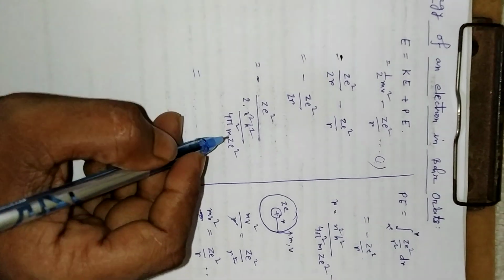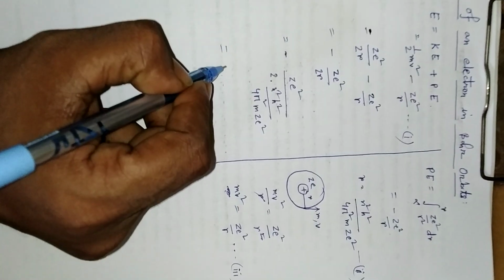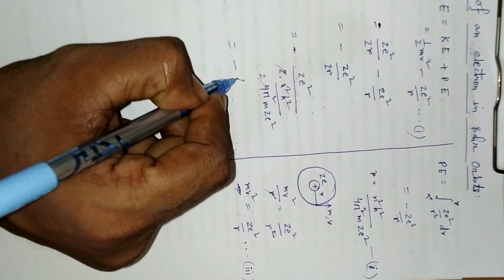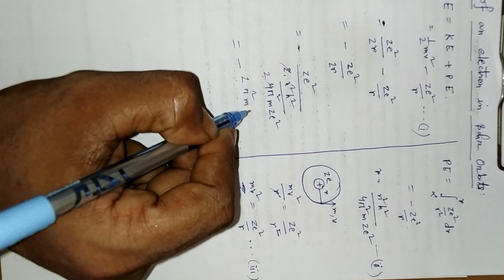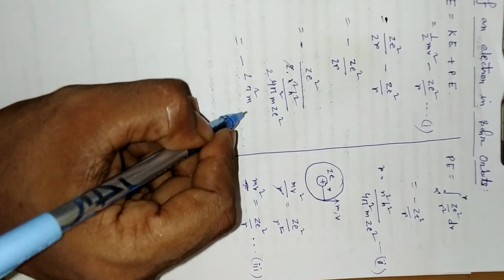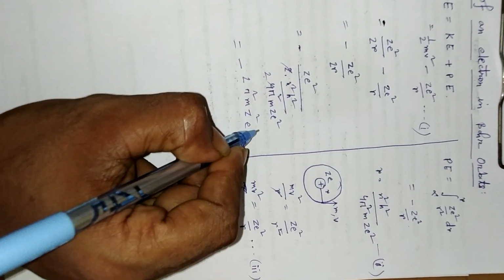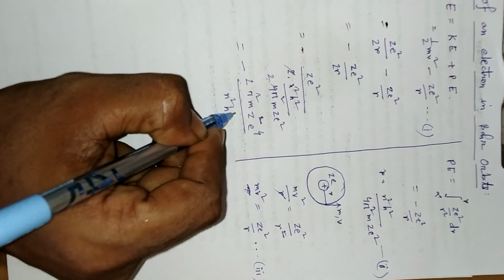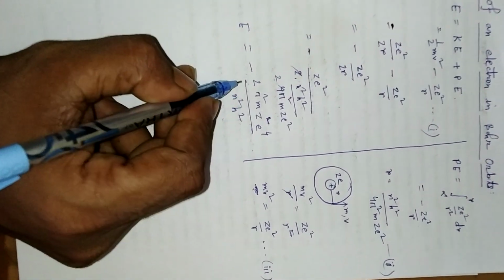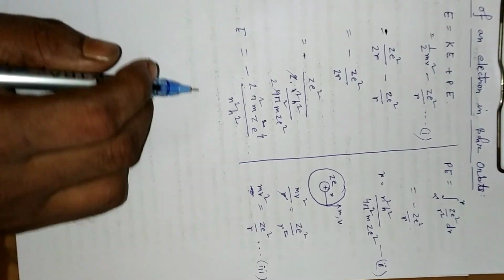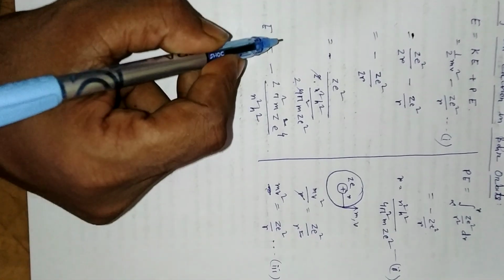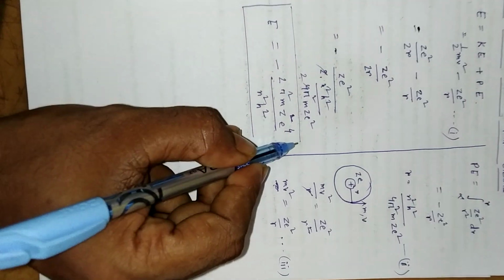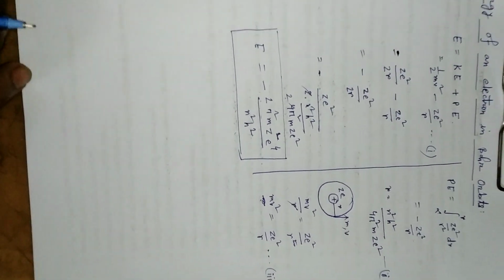So the expression becomes minus, here this will be 2, so 2 pi square m z and z will give z square e to the power 4 by n square h square. So E is equal to minus 2 pi square m z square e to the power 4 by n square h square. This is the expression of energy for an electron in Bohr's orbit.